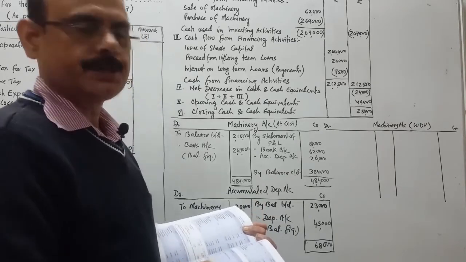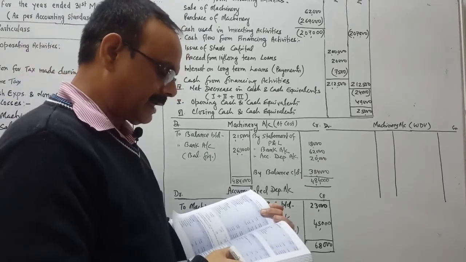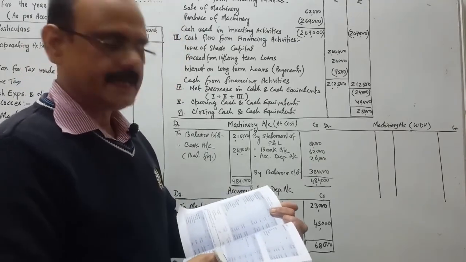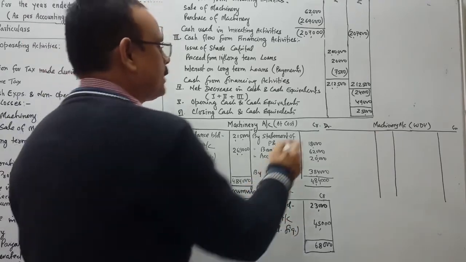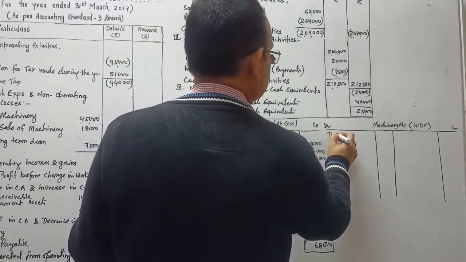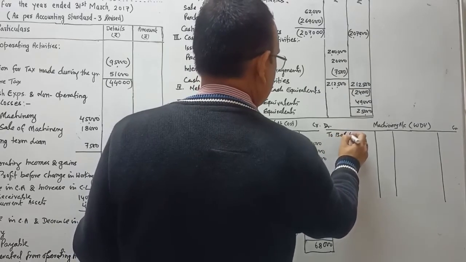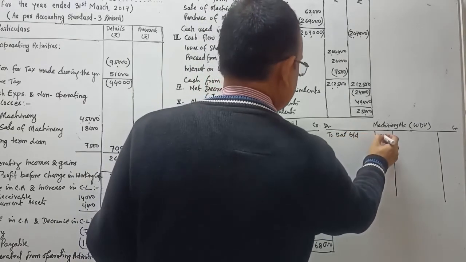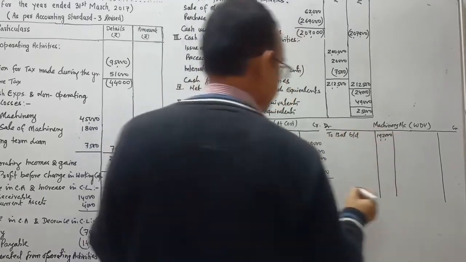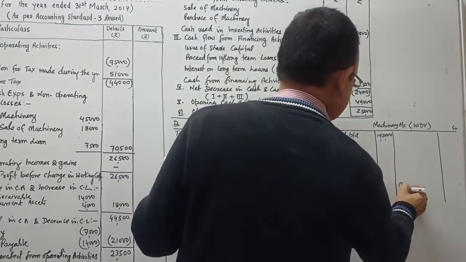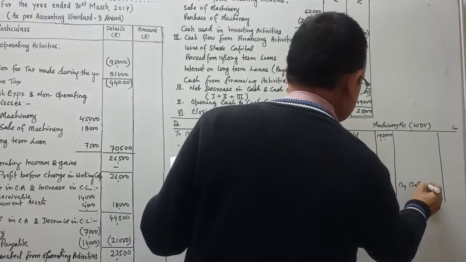After deduction of that, the figure is 1,92,000 and 3,36,000. So I will take 1,92,000, the written down value figure, to balance brought down, and in the closing I will write by balance carried down.